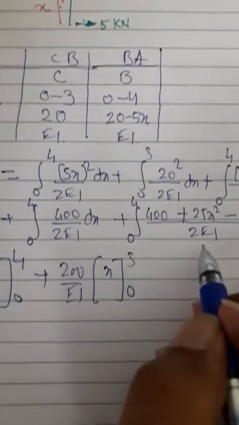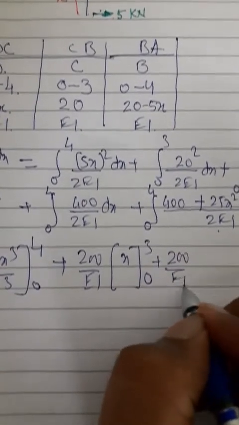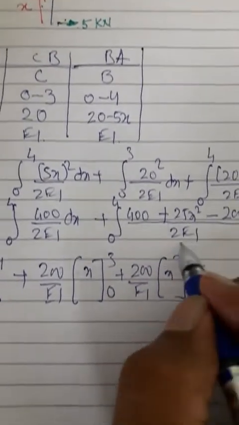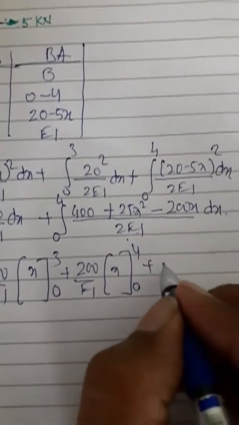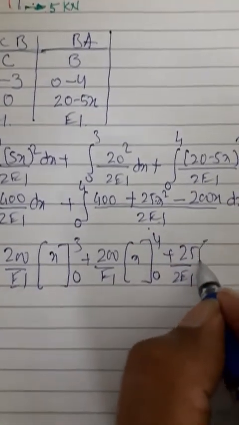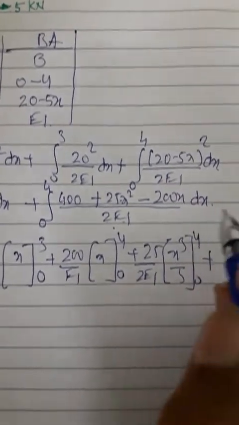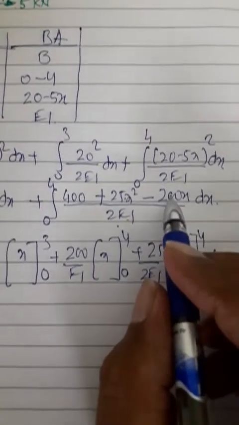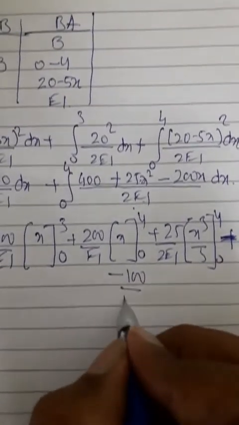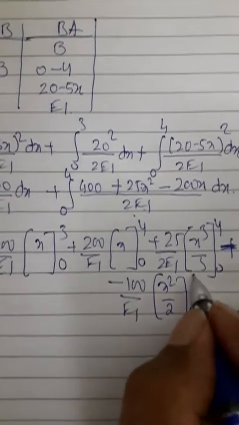Then 200 by EI into x, 0 to 4, plus 25 by 2 EI outside the bracket, integration of x square is x cube by 3, 0 to 4, minus 200 by 2 EI, 100 by EI, integration of x is x square by 2, limits are 0 to 4.